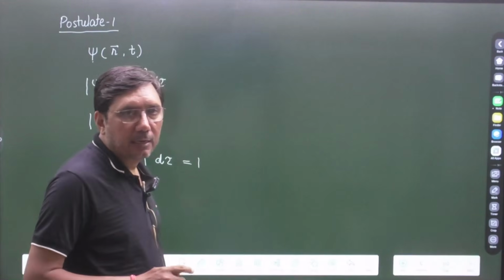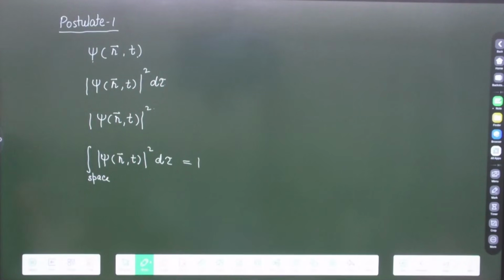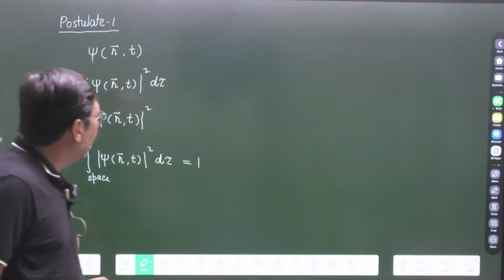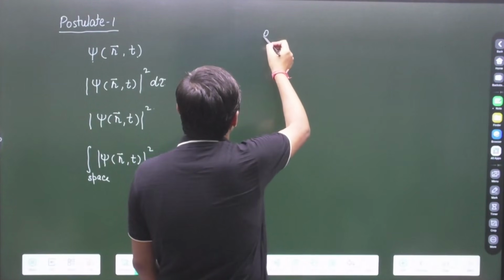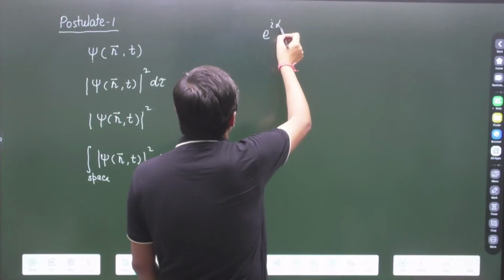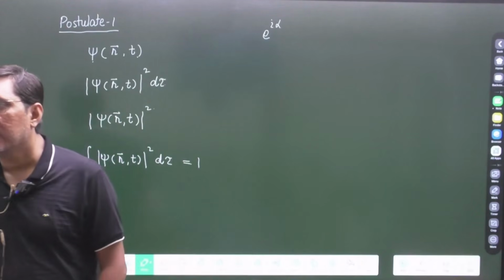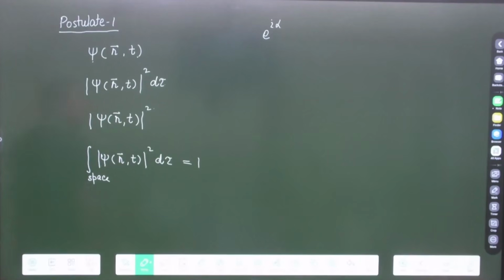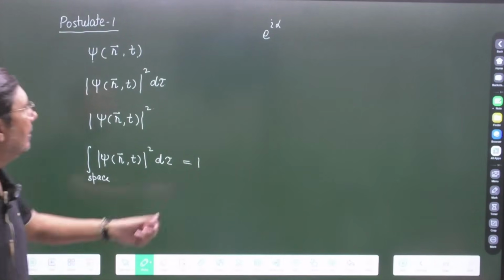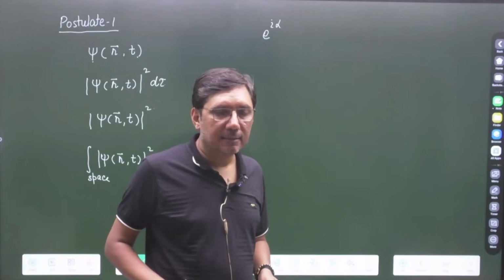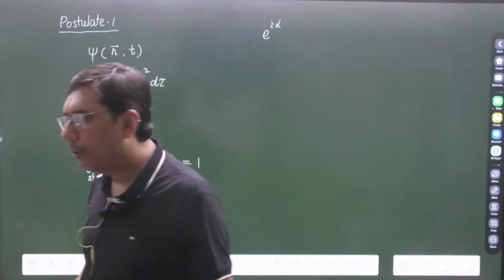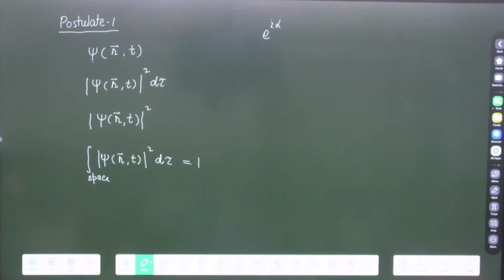Next point. If we multiply a wave function psi with a complex quantity of the type e to the power i alpha, then the probability density, or the probability of finding the particle, doesn't change.